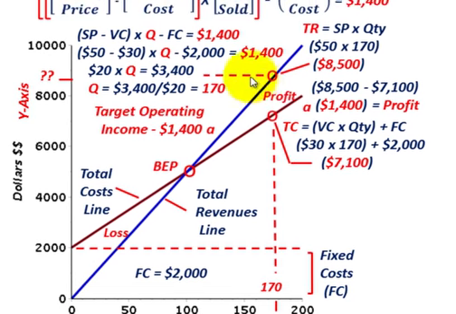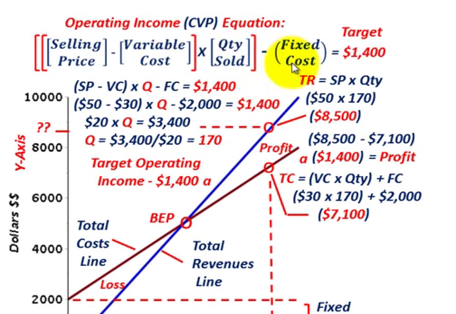So what we do here is the same thing as we did for determining our break-even point, where we had to determine our income versus our costs where they were equal. That was the break-even point.